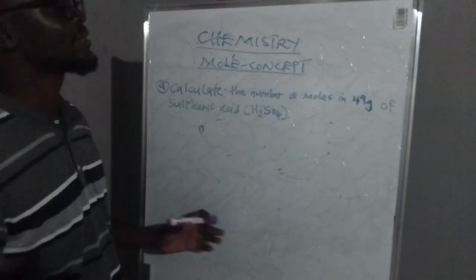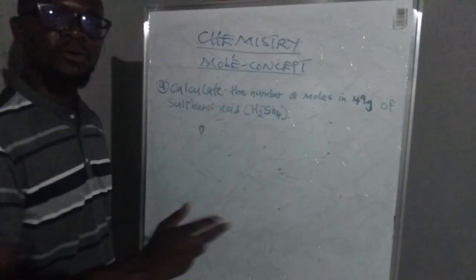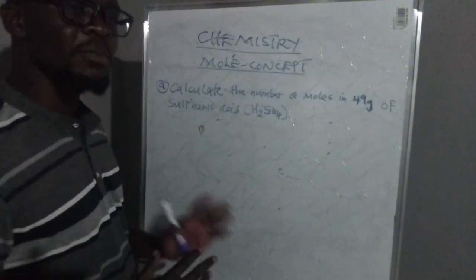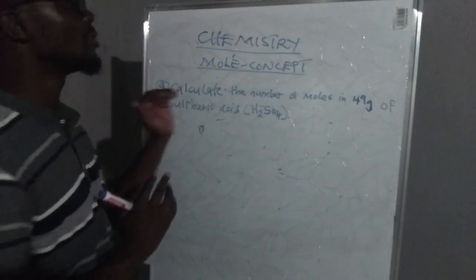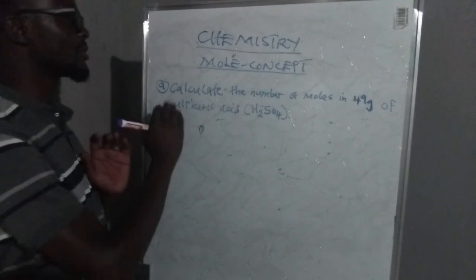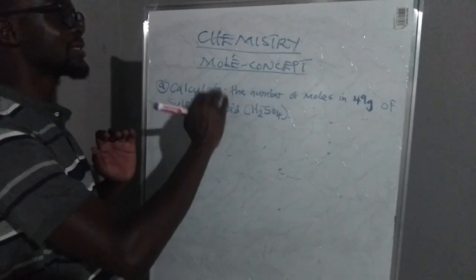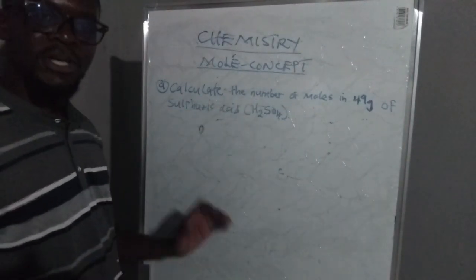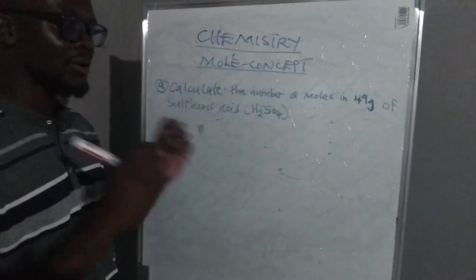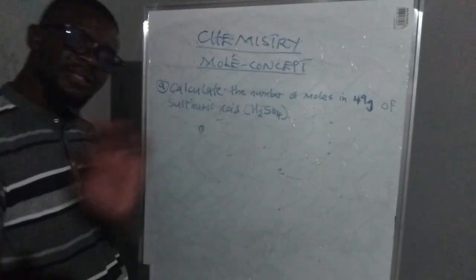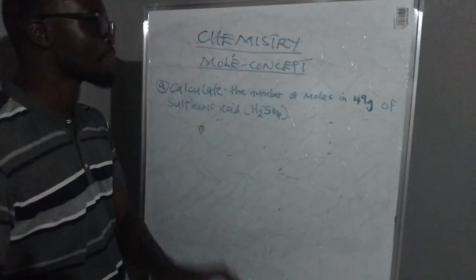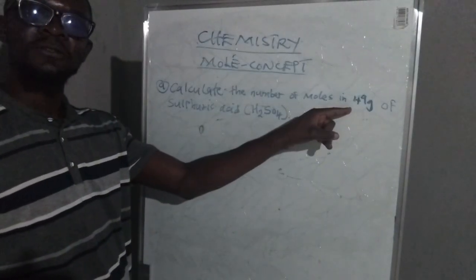The secret is in the way they phrase the question. For you to know they are asking about moles, the question says, calculate the number of moles. So you know the examiner is requesting that you find the number of moles.